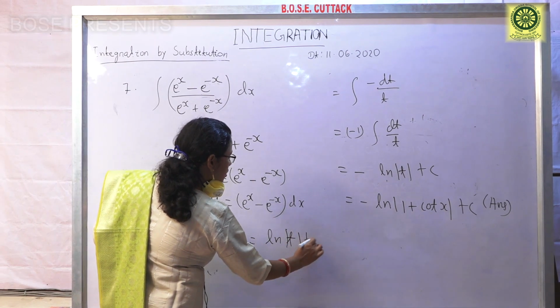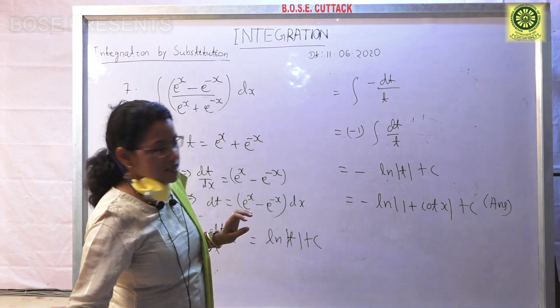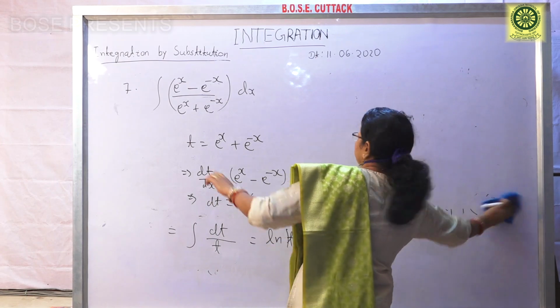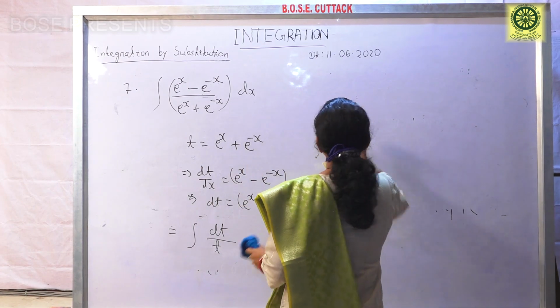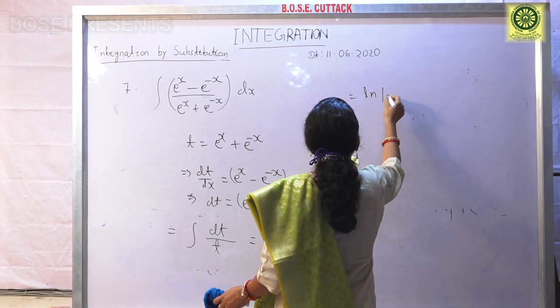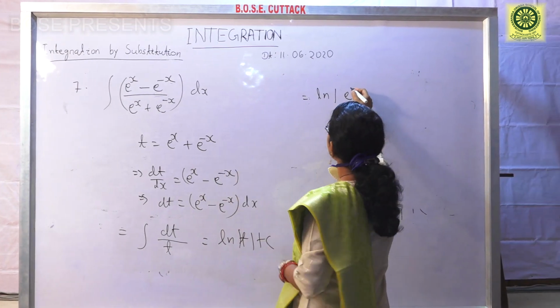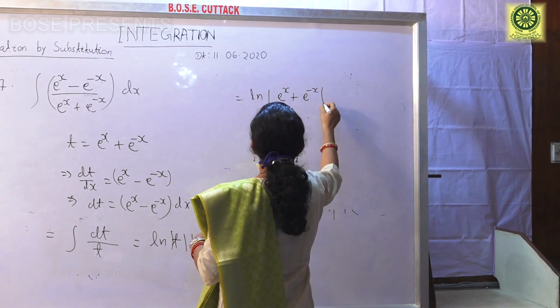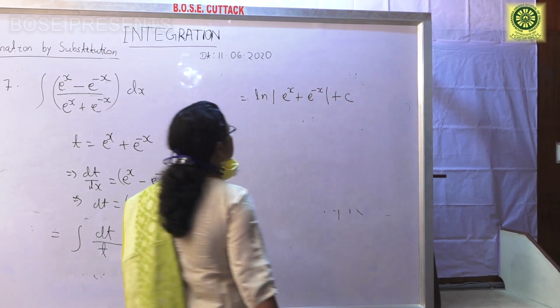Okay, see here, this is a simple integral, and the integral of this is ln mod t plus c. Okay, now just replace this t by e to the power x plus e to the power minus x, plus c.